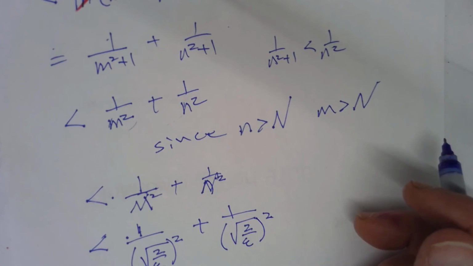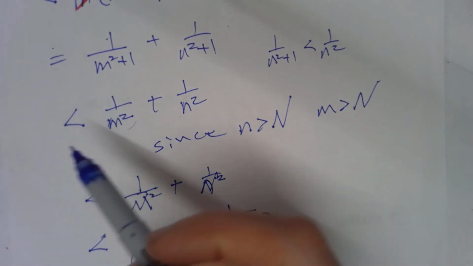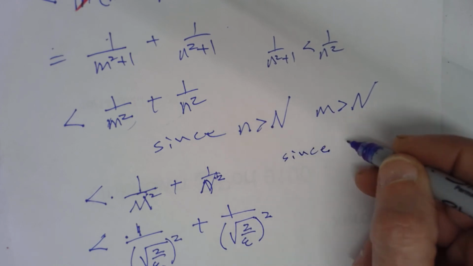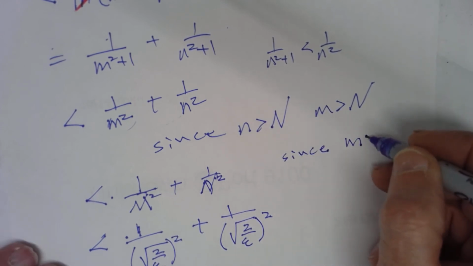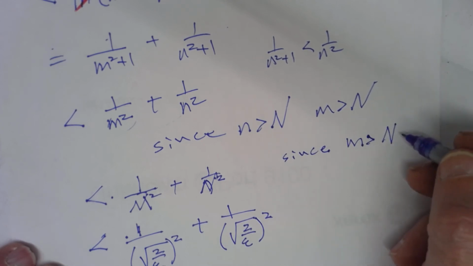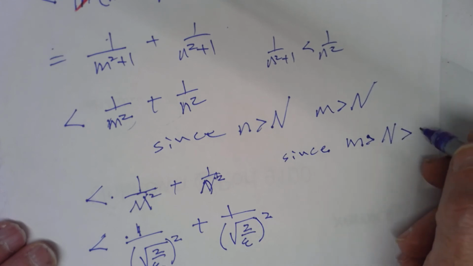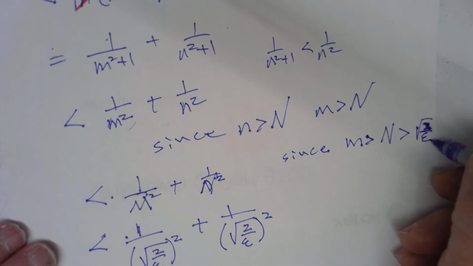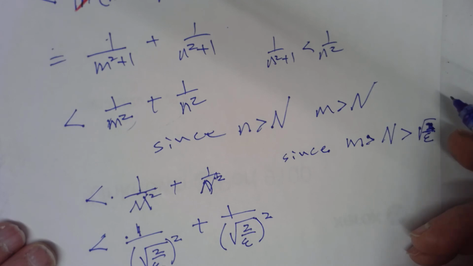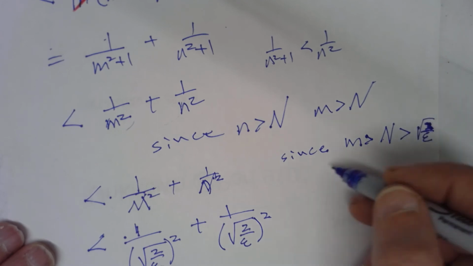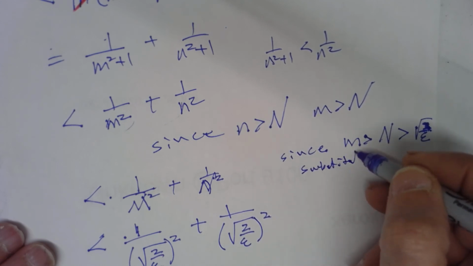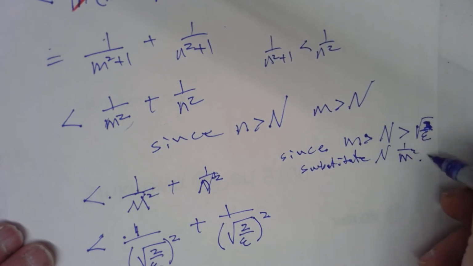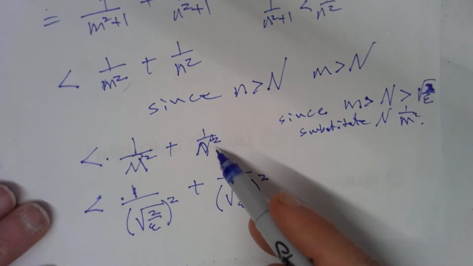And the reason why this works is because m is greater than uppercase N, and that's greater than the square root of 2 over epsilon, then we can substitute uppercase N in for m squared and for n squared in 1 over m squared and 1 over n squared. So that's why this is squared.